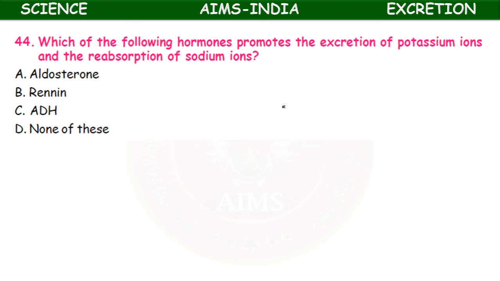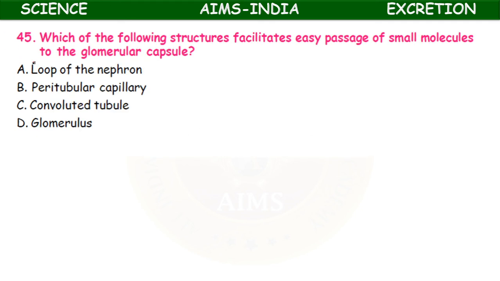Which of the following hormones promote the excretion of potassium ions and the reabsorption of sodium ions? Aldosterone, renin, ADH. Antidiuretic hormone, or vasopressin, it is also called. So once again, aldosterone it is. Which of the following structures facilitates easy passage of small molecules to the glomerular capsule?